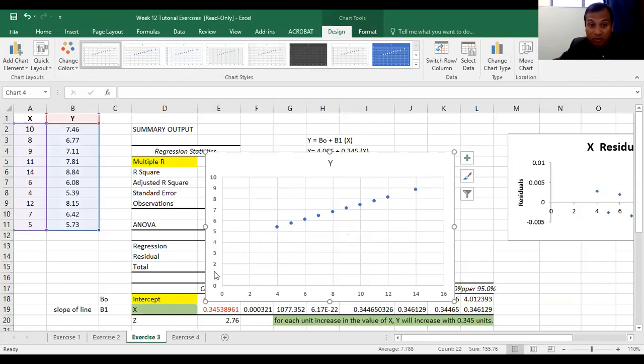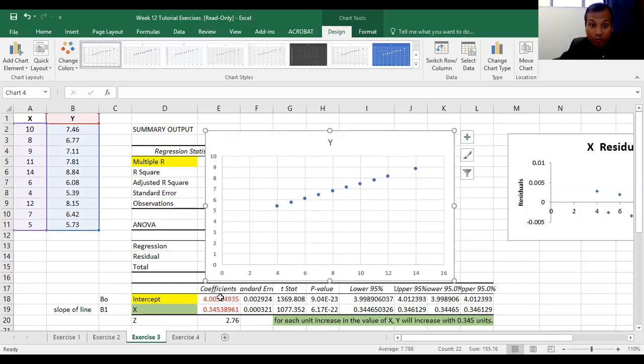And what is your constant term? This is the constant term. This is where the line cuts the y-axis. If you extrapolate this line backward, you'll see this line will cut where I'm pointing with the mouse. If you extrapolate backward, somewhere here this line cuts the y-axis. And what is the value of that?